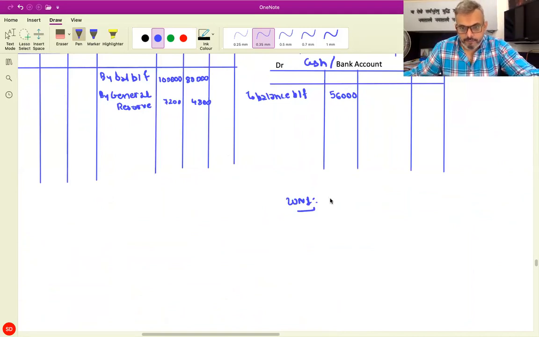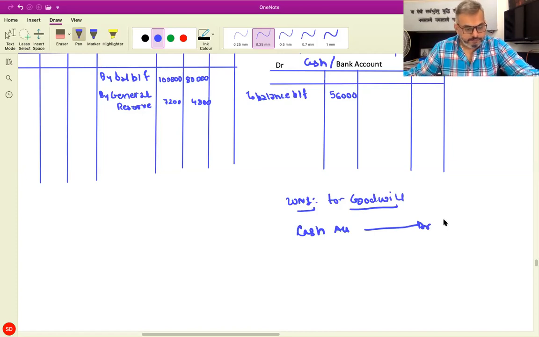Now for goodwill, we write the journal entry: cash account debit 20,000 to premium for goodwill 20,000.